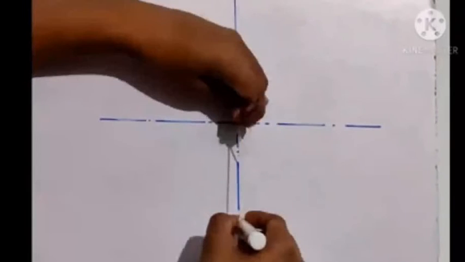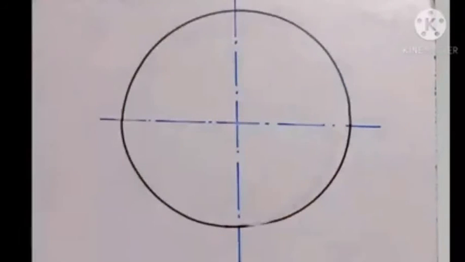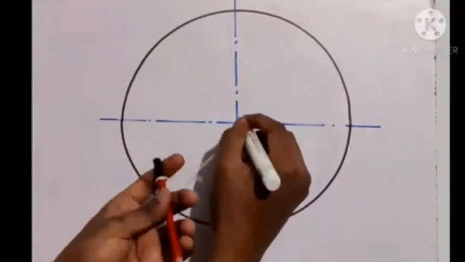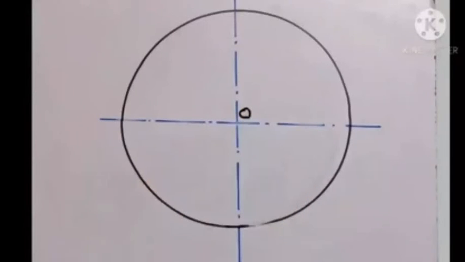I'm going to draw a circle of radius 60 mm. Next, we need to divide the circle into convenient divisions. And second, we need to name the center. In the question it is mentioned as capital O, so I am going to name this as capital O. And I am going to divide the circle into convenient divisions.